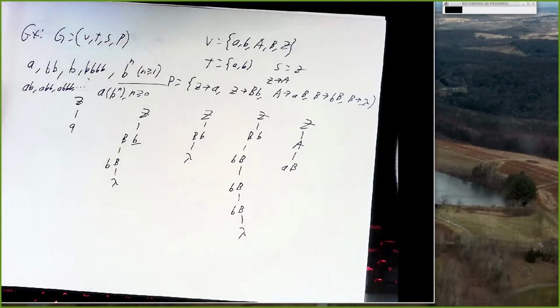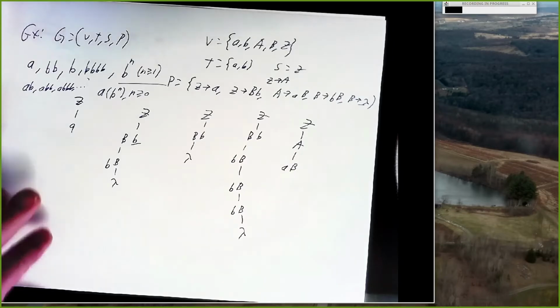Like, hey, any number of B's in a row seems to be a valid pattern.